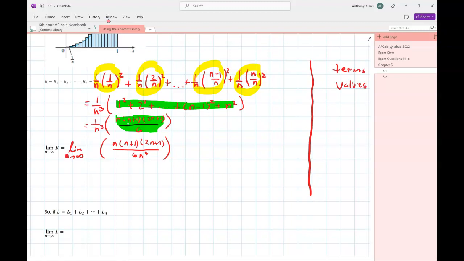What would you suppose would be the first step if you wanted to evaluate this limit? Okay, sure, we can do that. That's not a bad idea. If you're not sure what to do, that's probably worth doing. So what do we have there? We have 2n cubed plus 3n squared plus n over 6n cubed.